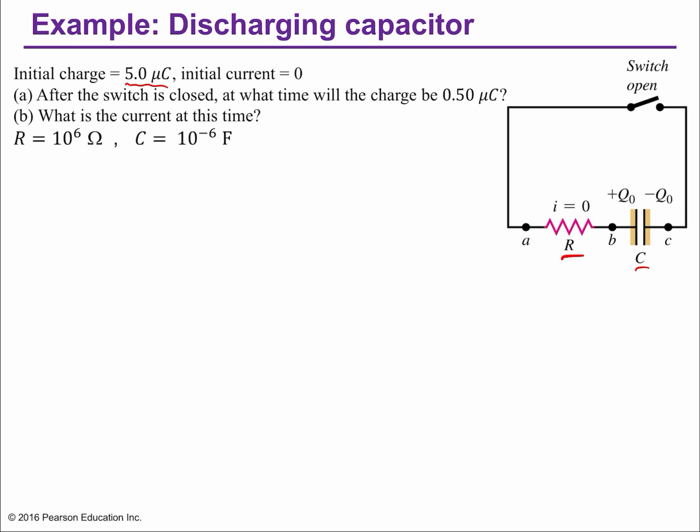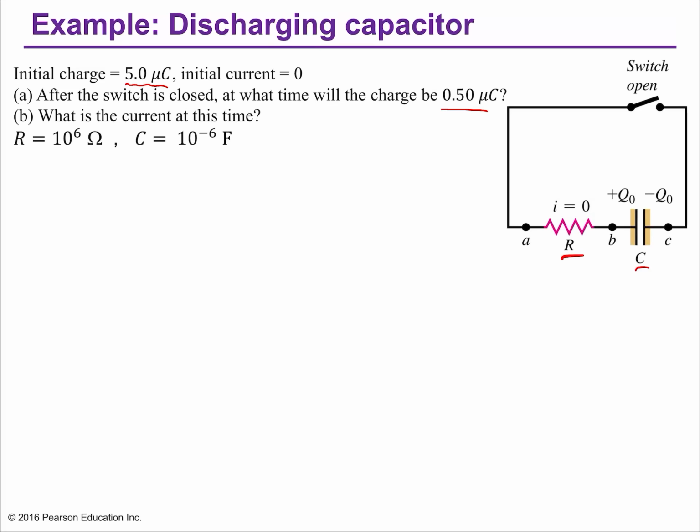After we close the switch, how long does it take for the charge on the capacitor plates to reach 1/10 of the initial charge? Because the initial charge is 5 microcoulomb, that means 0.5 microcoulomb. And part B asks, what is the current at this specific time?